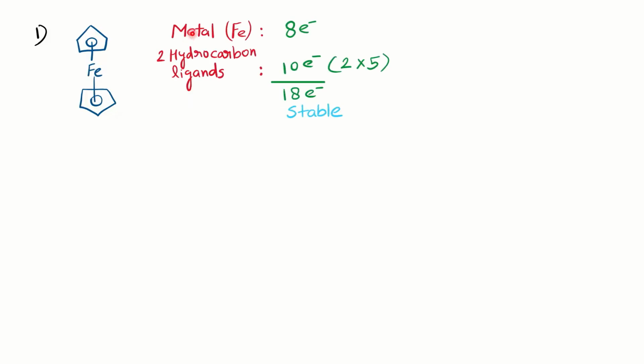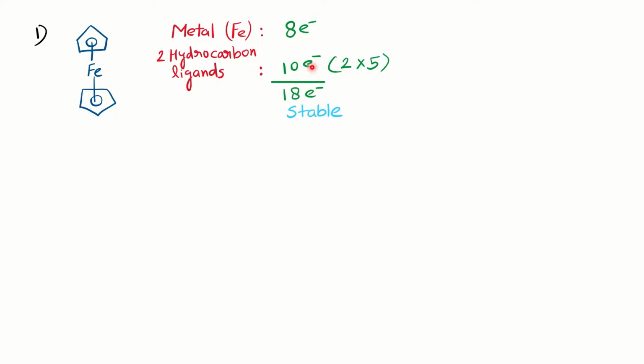Now we'll solve the problems. You have iron here as the metal, and you should know how many total electrons are contributed. Iron contributes 8 electrons, and you have 2 cyclopentadienyl rings, where 1 Cp is 5 electrons. The metal is bonded from the center, so you have a total of 10 electrons donated to the metal: 5 into 2.